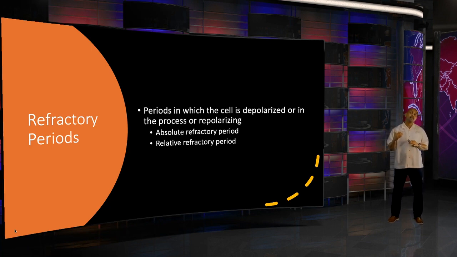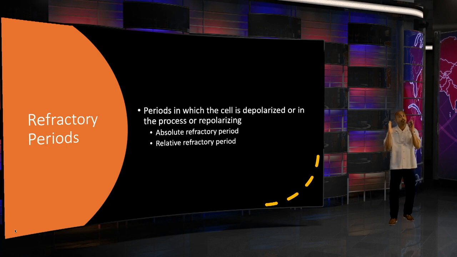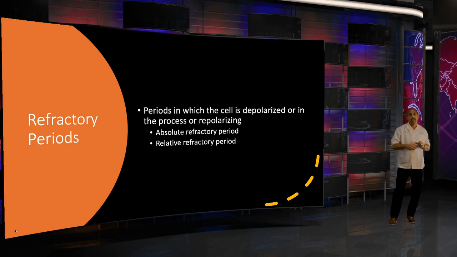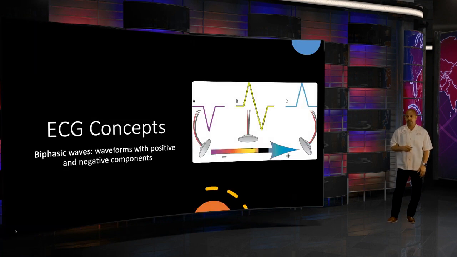Relative means I'm in the phase of repolarizing, and if something can stimulate, since it's repolarizing, it's starting to charge again, getting ready to allow sodium to rush in. Something happens, boom, sodium rushes in. It could fire in that relative refractory phase. But doing that, you could throw those phases, 0 through 4, out of whack and produce some lethal dysrhythmia. So it's not a good thing, okay?